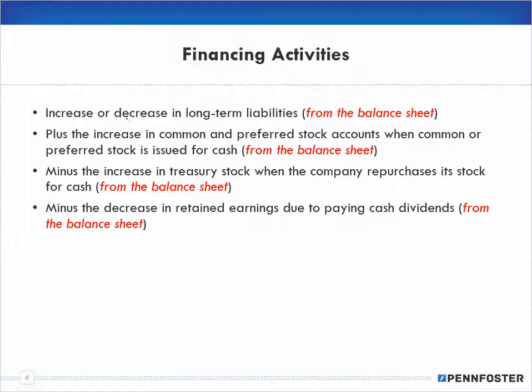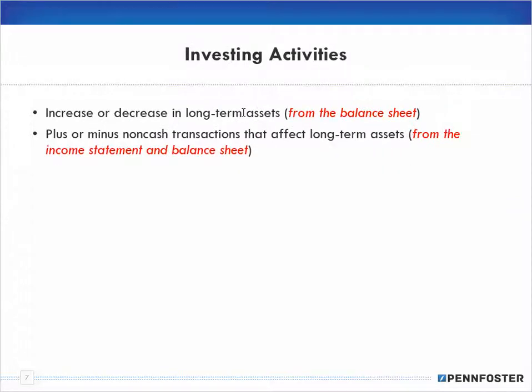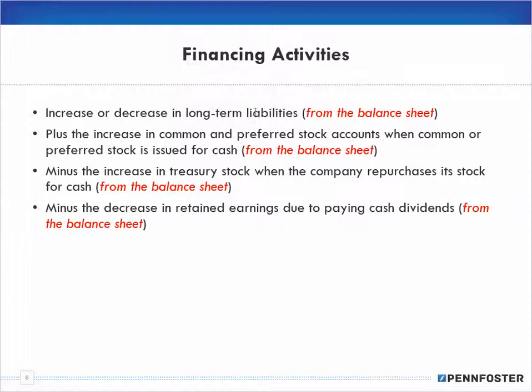So we're going to look at the increase or decrease in our long-term liabilities, whereas in the investing activities, we have a tendency to invest in long-term assets, because we're buying those long-term assets. But liabilities are something that we owe, and whatever we owe is being financed by that particular company or business.